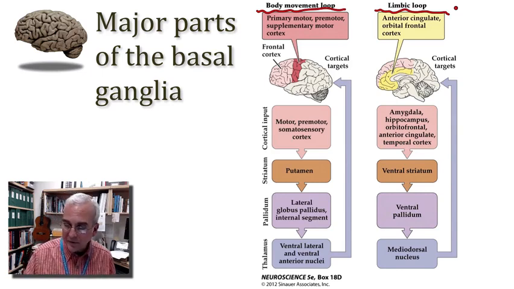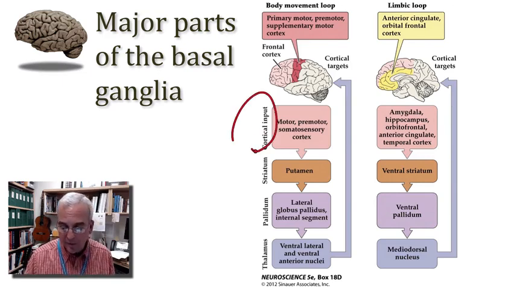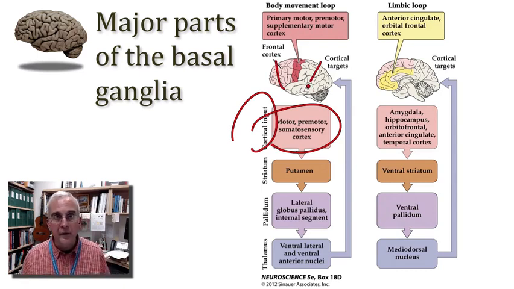All right, so let's look at what's common about these two parallel processing streams that run in the basal ganglia. They both have cortical input. In the body movement loop, the cortical input is primarily from the motor cortex and the parietal cortex, where we find our somatic sensory signals. So the input is coming from a fairly large region of the frontal parietal area of the cerebral mantle.